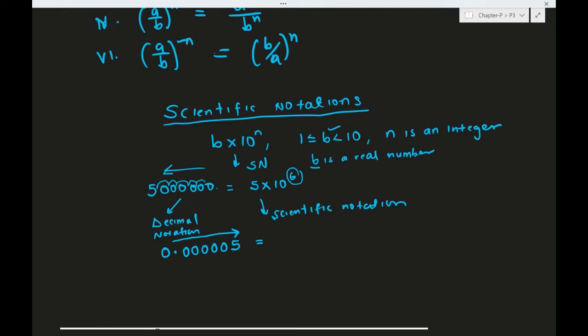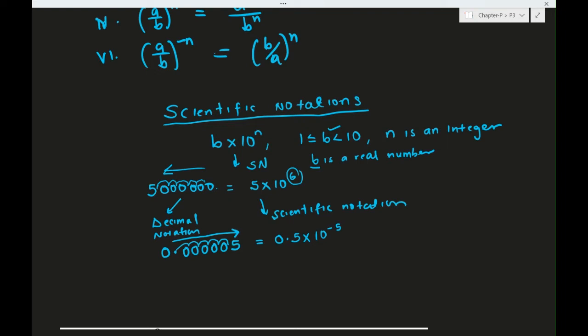We move 1, 2, 3, 4, 5. If you stop here, it's 0.05 times 10 raised to the power minus 5, because we moved 5 places.